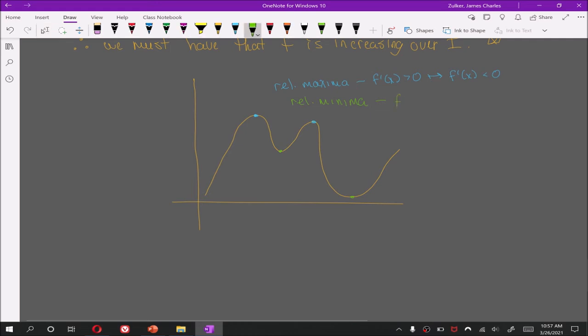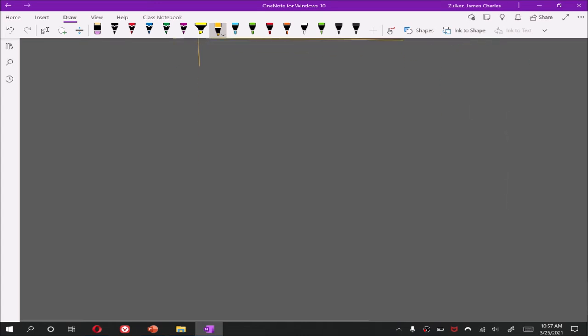So f prime of x will go from less than 0 to greater than 0 at the minimum. We will now state this observation without proof, and this is known as the first derivative test.